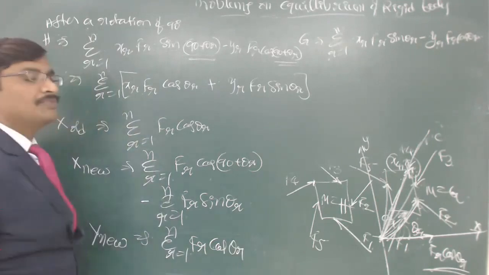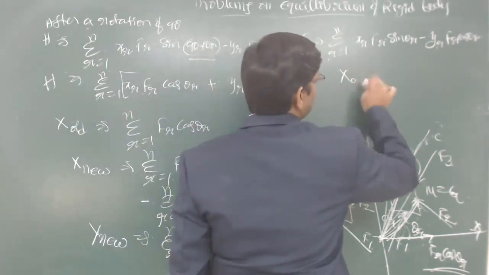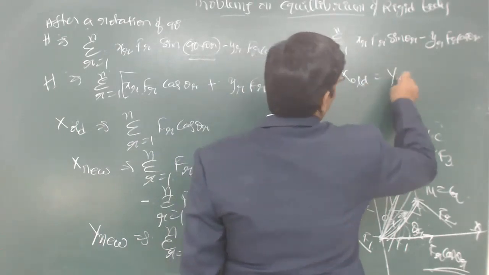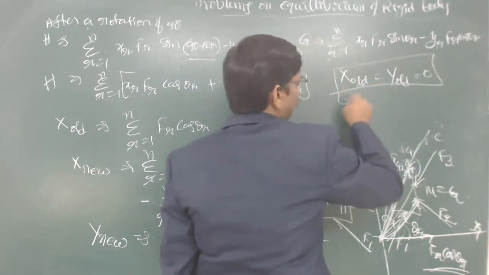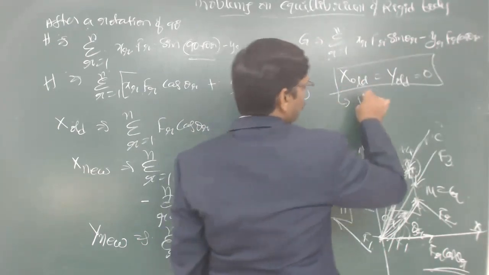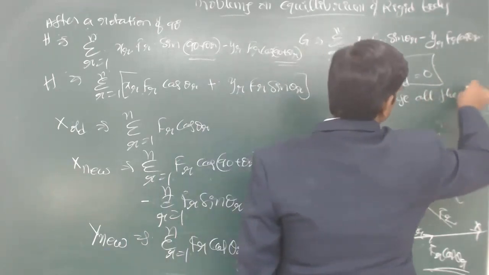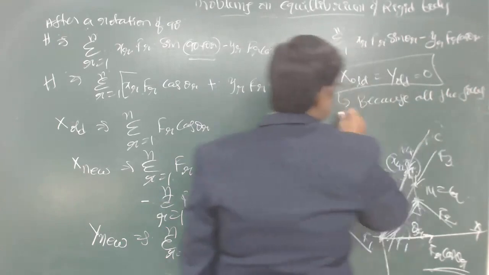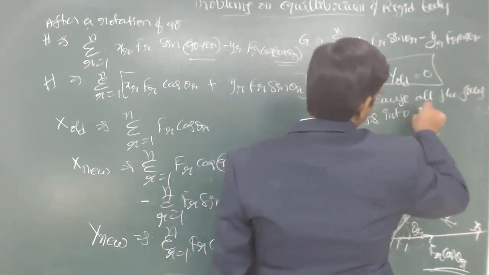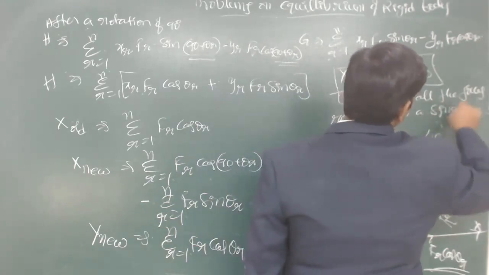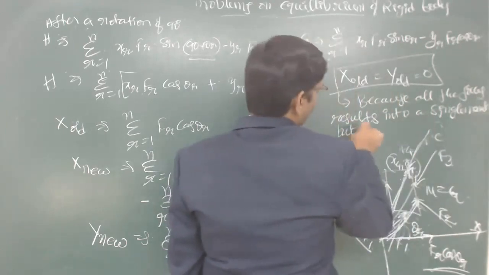Now here, earlier in the previous case, x old is equal to 0 and y old is equal to 0, because all the forces result into a single moment but no effective force.